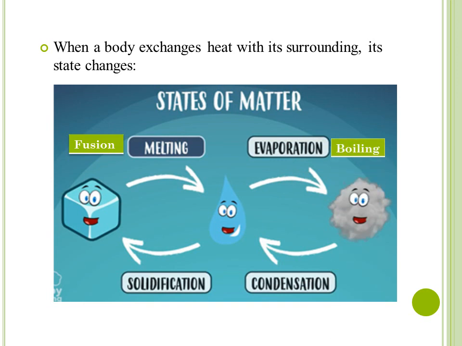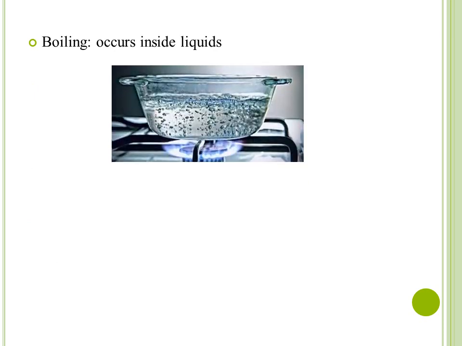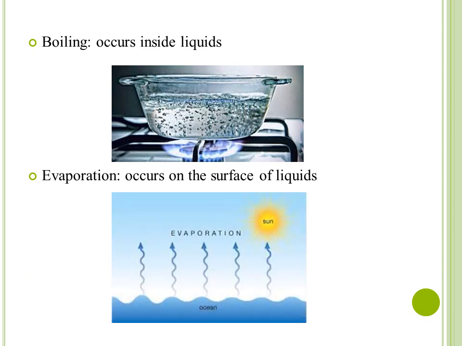But the difference here between evaporation and boiling is that evaporation occurs on the surface of liquids. However, boiling occurs inside liquids. So, don't forget that boiling occurs inside liquids and evaporation occurs on the surface of liquids.